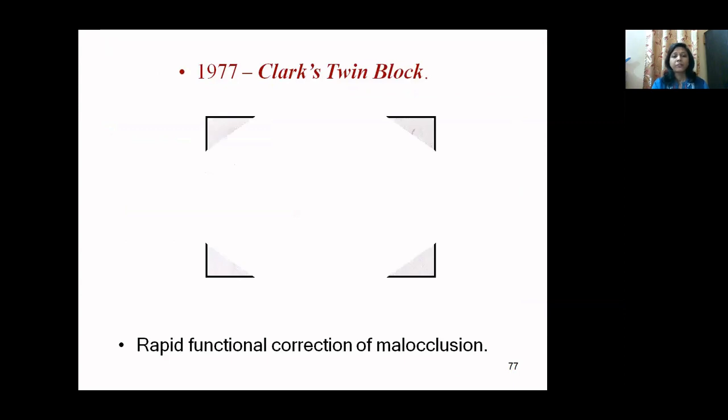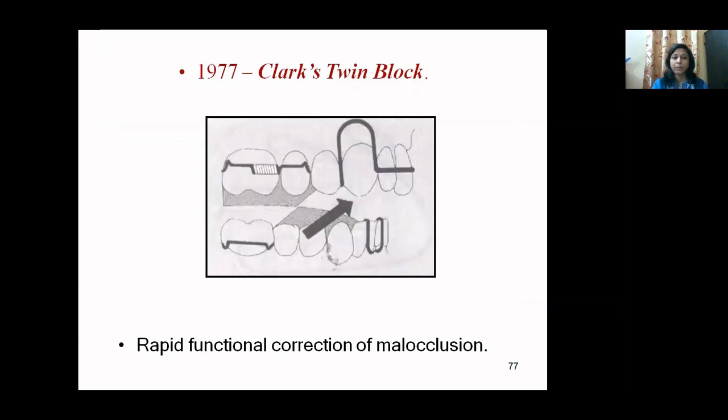Then in the field of removable appliances, in 1977, Clark has given the twin block appliance as a myofunctional appliance for the rapid functional correction of malocclusion.